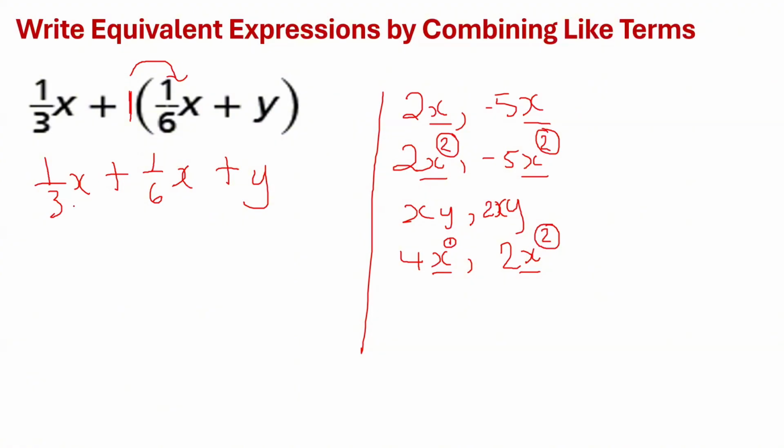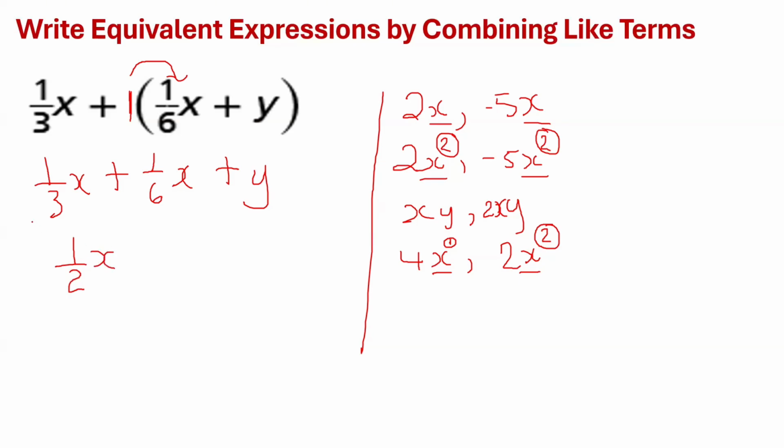What you add is the number and not the variable. So we are going to add 1/3 plus 1/6, and that is going to give us 1/2. When I combine those two, it's going to give me 1/2. And all I need to do is write my variable back.